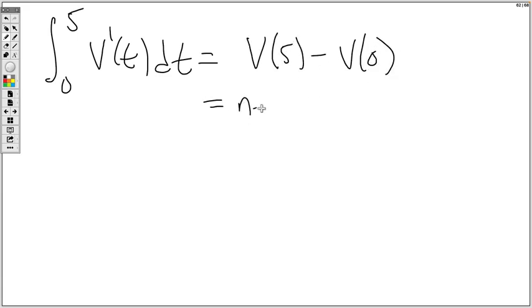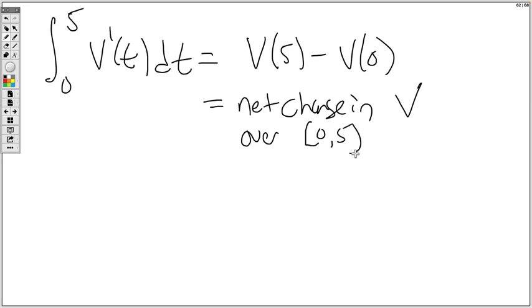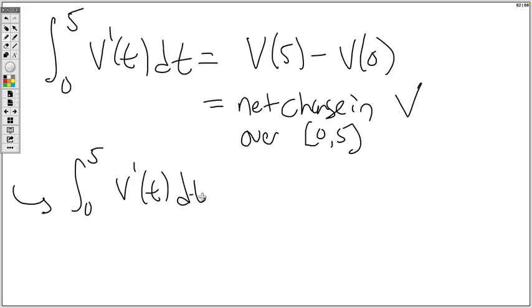So once again, this is that net change in the value over the interval from 0 to 5. So if this integral is negative 6,321.21, then what does that mean in terms of the value of the car? Over the course of the first 5 what? Years, the car has lost that much money in value.